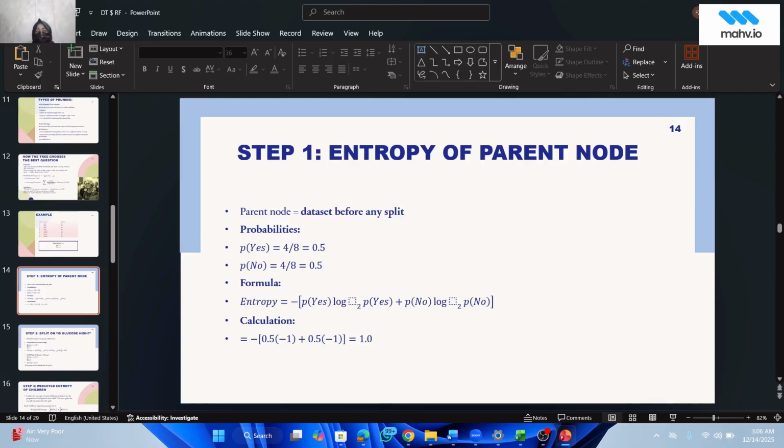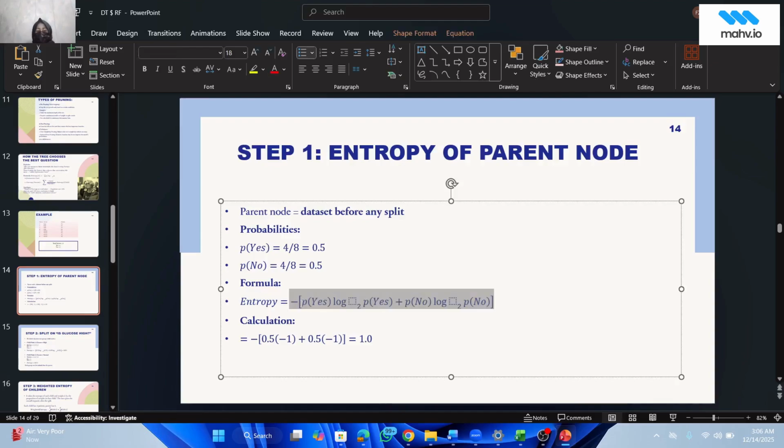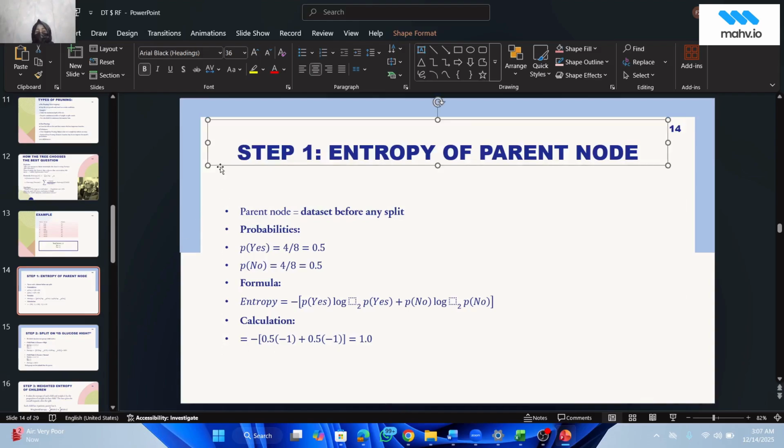Then we apply the entropy formula: minus probability of yes log2 probability of yes, plus probability of no log2 probability of no. All these values are fitted here, and log2 of 0.5 is -1. So at the end you get the answer 1. If the entropy is 1, it means there is very much disorder in your system. You have to reduce this uncertainty because it will affect the accuracy of your system.